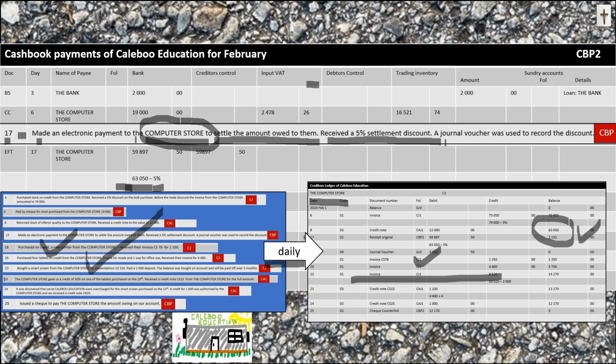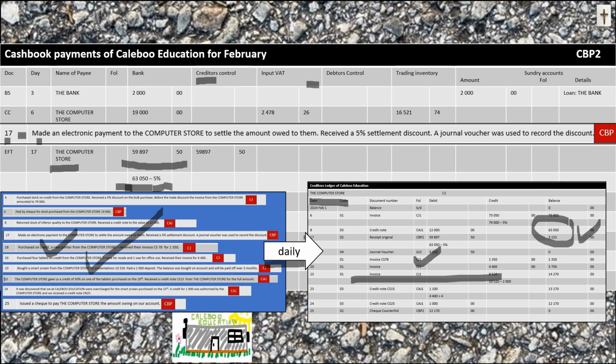And in order to take off the 5%, you can punch into your calculator 63,050 minus 5%, or you could say 63,050 multiplied by 95%, and you would get the following answer. That would give you 59,897.50.